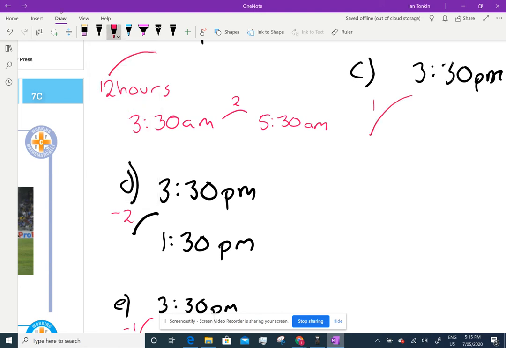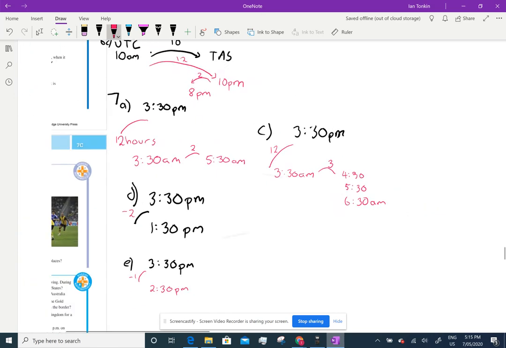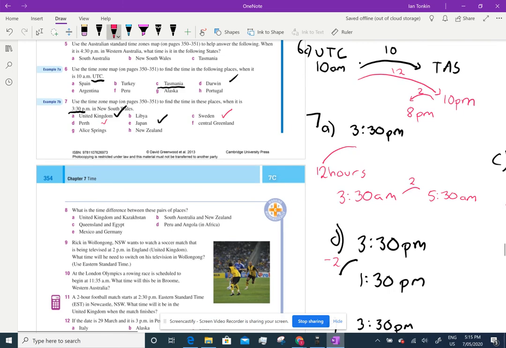I'd rather go back 12 to 3:30 a.m. and then come forward 3, because I only have to count 3 steps. So that's 4:30, 5:30, 6:30 a.m. in Sweden. You could have counted back 9 hours on your hands from 3:30, but I just reckon it's easier to do it that way.